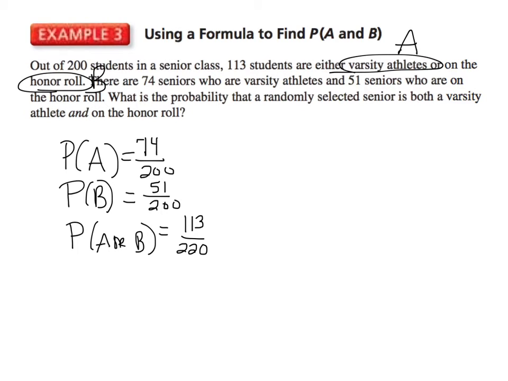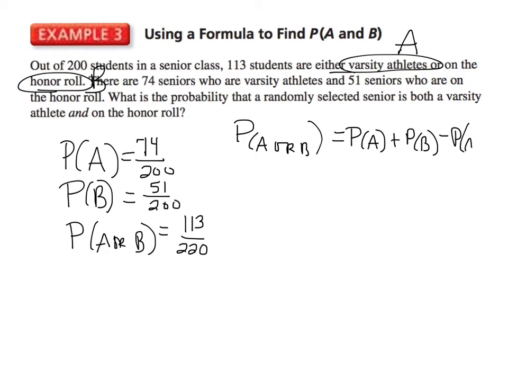So we're going to write our general formula. P of A or B, which we already have done this formula. Because remember, these are not mutually exclusive or disjointed. They're shared. So our general formula is the probability of A plus the probability of B minus the probability of A and B. So we know A or B is 113 220ths.